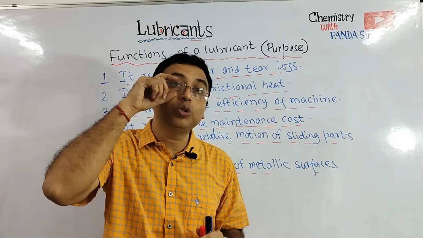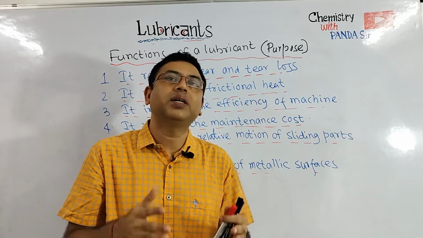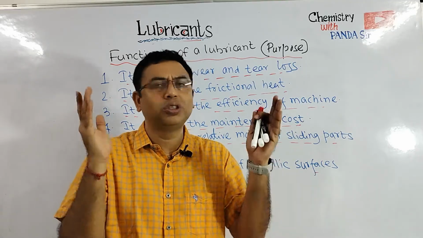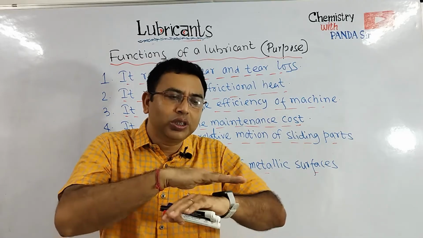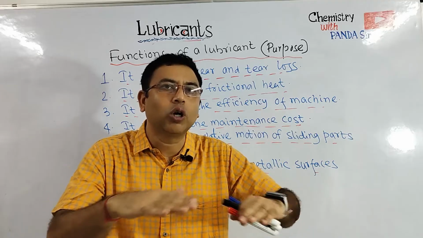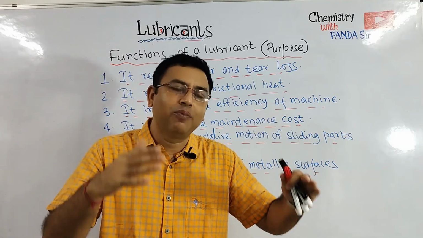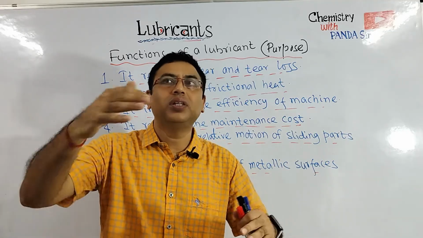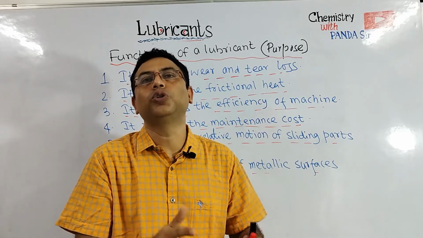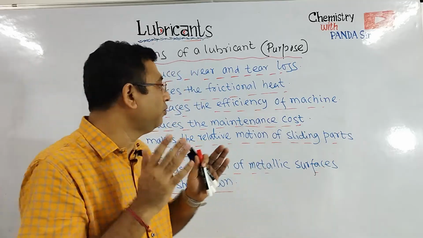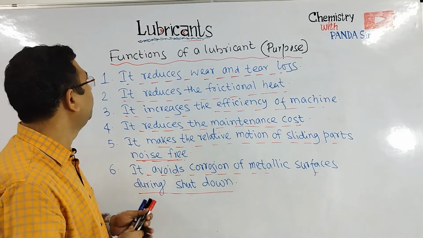Most of the time we see that metallic parts face corrosion, which is not desirable. Now if I apply the lubricant, it creates a layer on top of the metallic surface and avoids contact with the surrounding moisture or oxygen, so obviously the chances of corrosion become less. So these are the different purposes of lubrication.